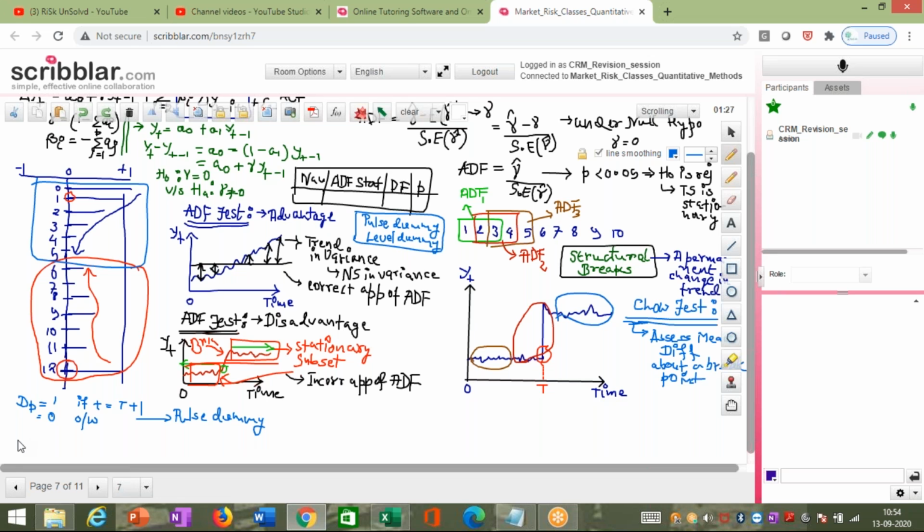So this is what the pulse dummy is. Now the second one is the level dummy. The level dummy will also take two values, 1 and 0.